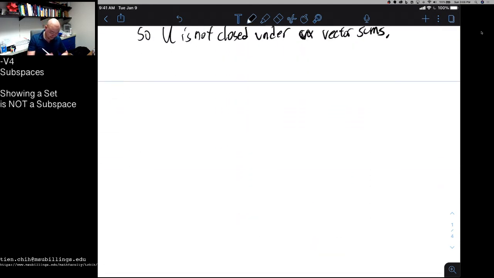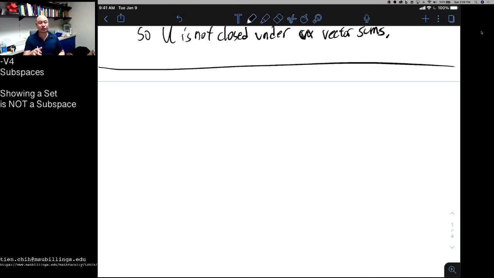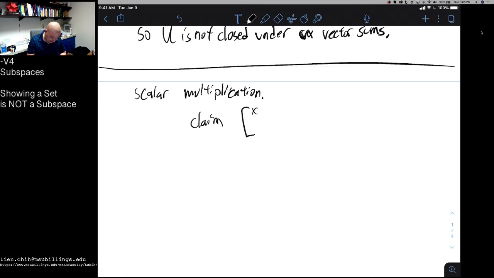Now, the other approach is to tackle scalar multiplication, and to show it's not closed under scalar multiplication. And so once again, we assume (x, y) is in U, i.e. x cubed plus 7y is 0.